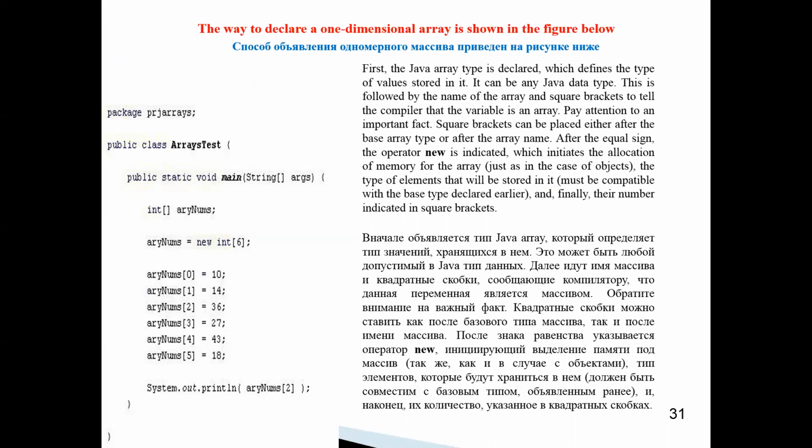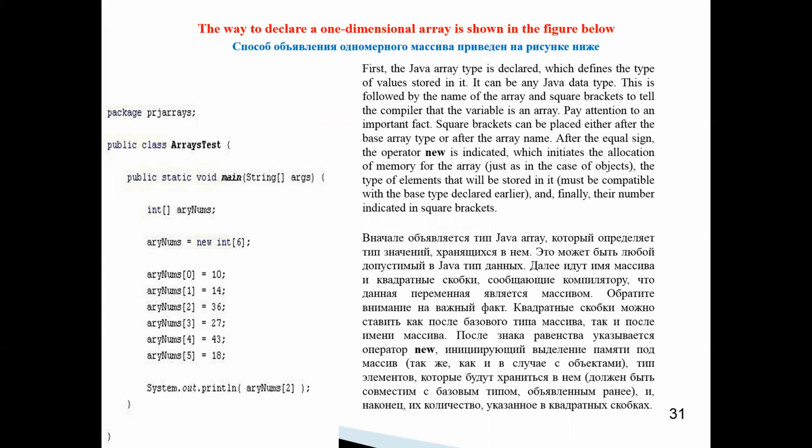The way to declare a one-dimensional array is shown in the figure below. Please look at this programming code on the left. First, the Java array type is declared, which defines the type of values stored in it.